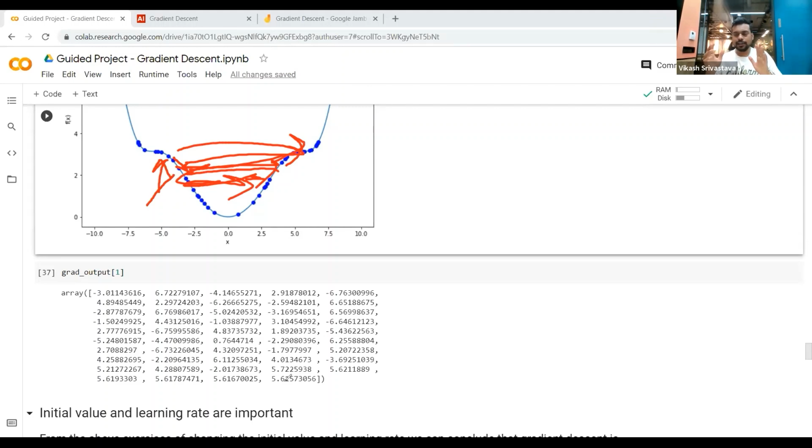Here the update, x next minus x prev, is less than the epsilon that we had defined, and that's why it got stuck in the local minima here. So we are not able to reach the minimum, right? Does that answer your question, Aman?